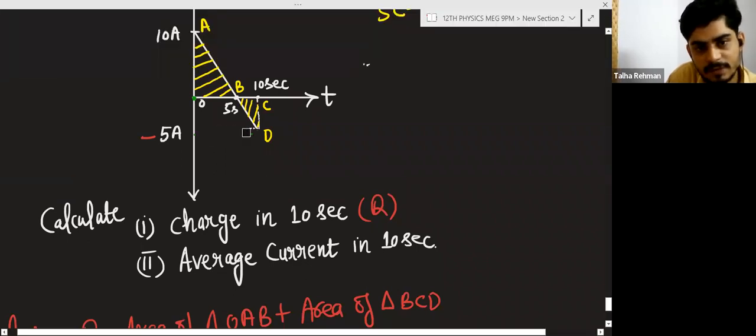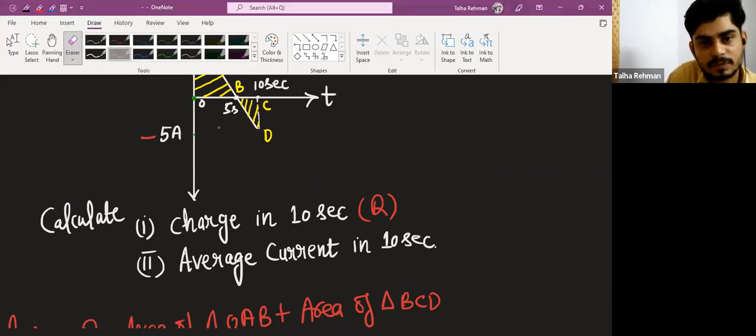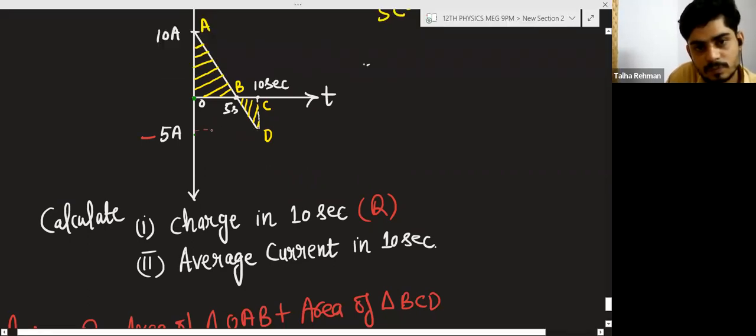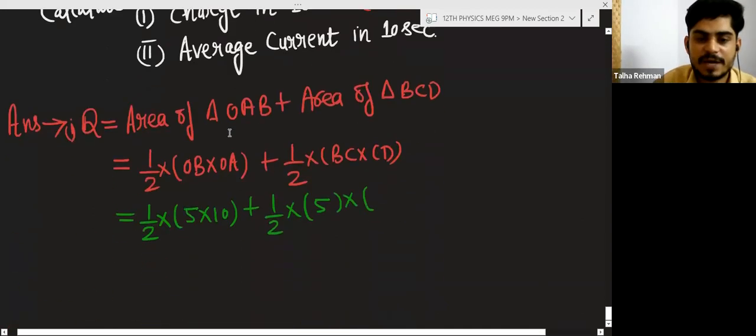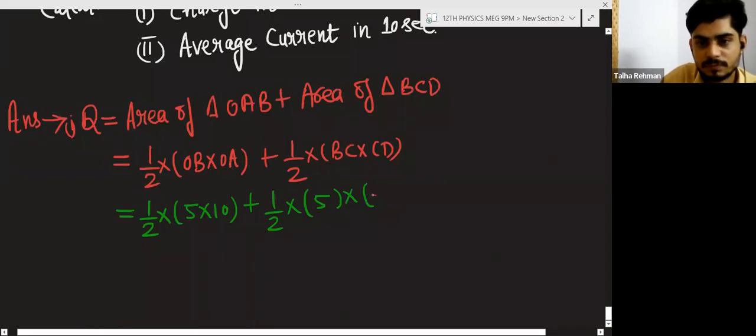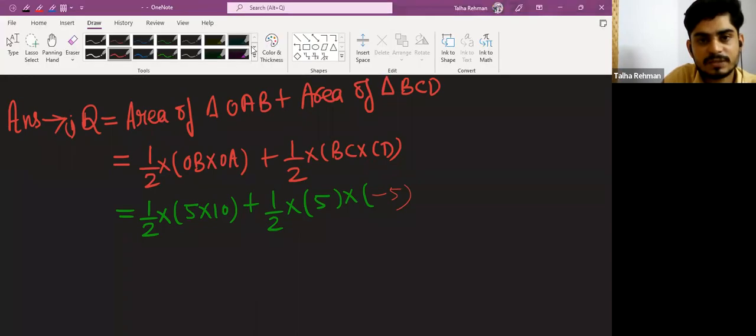So CD is minus 5. This distance and this distance is same. This is a rectangle. So CD is minus 5. So please calculate the answer, all of you.